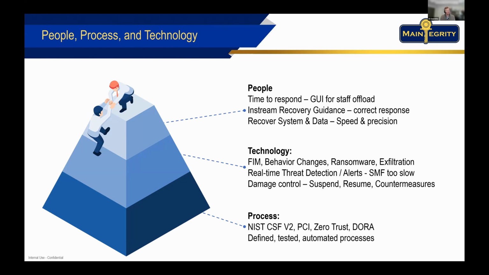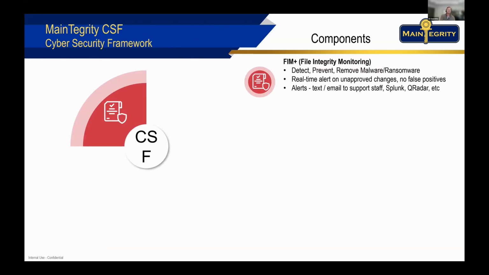So in the case of data exfiltration, we're talking about dozens of records, not millions of records, as there are in many of these other successful attacks. But it is important that we combine that people requirement with the ability to recover quickly. And that depends on knowing what needs to be recovered. So Gary, I think that covers me off, and I think you get to talk about the product set.